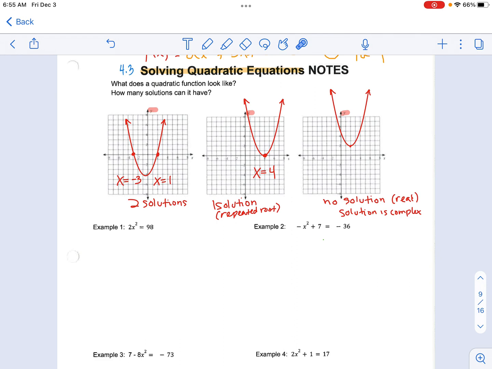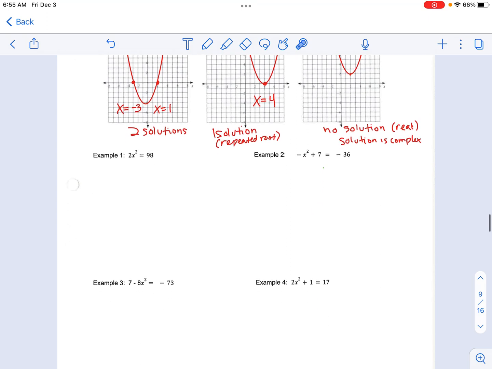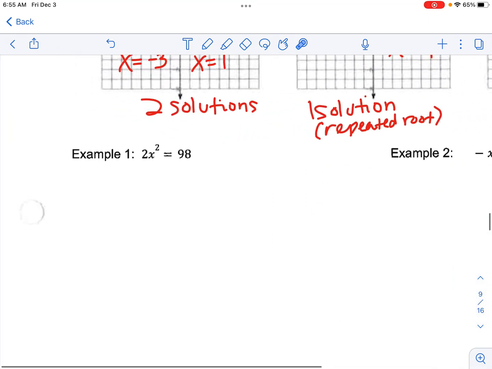And that's advantageous. It simplifies our solution. So really what we're looking at on this front page are solutions where we don't have to factor, right? We don't have to do like a star method or anything like that.